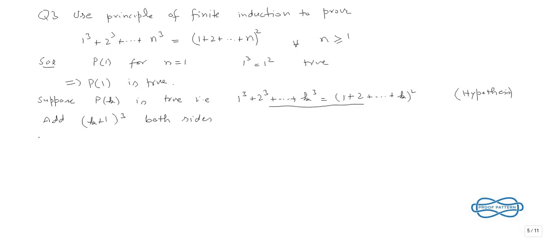We get 1 cube plus 2 cube plus so on plus k cube plus k plus 1 cube, which we have added recently, is equal to (1 plus 2 plus so on plus k) square plus k plus 1 cube.